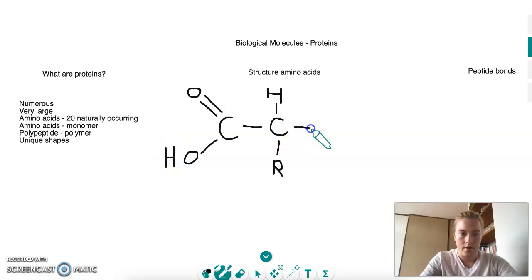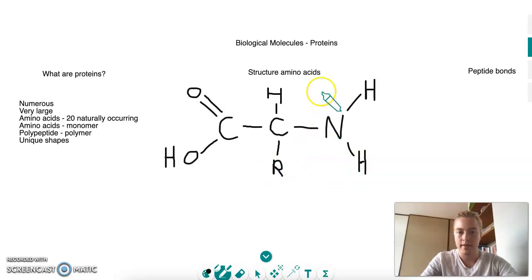And then also the amino group, which looks like this. And then that is a standard amino acid. And for instance, if we had hydrogen as the side group, which would be the very most basic, that would make this amino acid glycine.